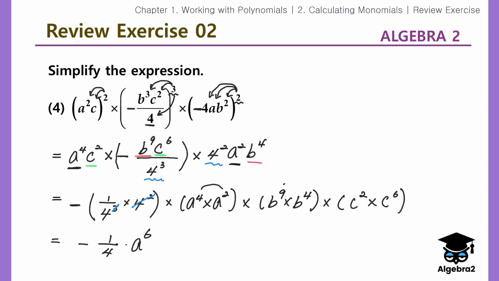And b, 9 plus 4. That's b to the 13. And c, 2 plus 6. That's c 8. Okay, we can leave our answer like this. Or if we rewrite it, we can write a 6, b 13, c 8 over 4.